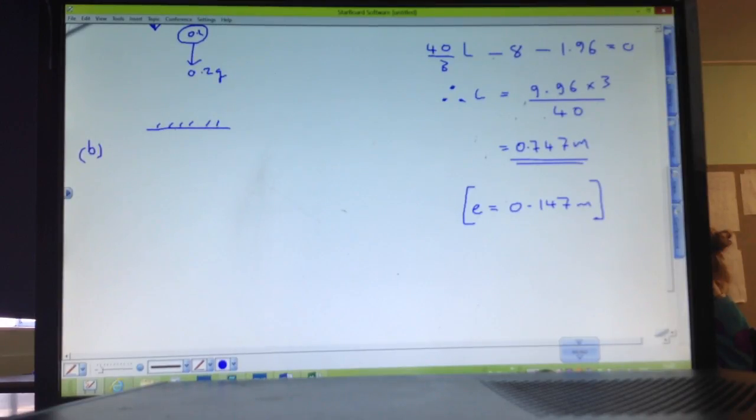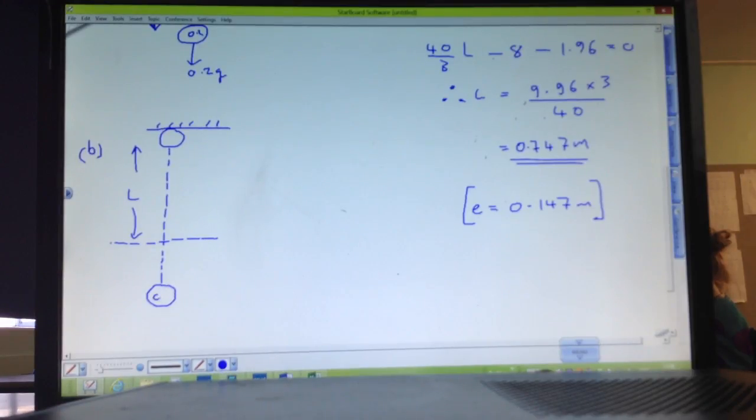How I usually signify this is I've got my particle there, and then I show you what it's going to look like, which is down here. At this stage I've got my L. Then at this stage, that's the centre of oscillation. At this stage is my lowest point.